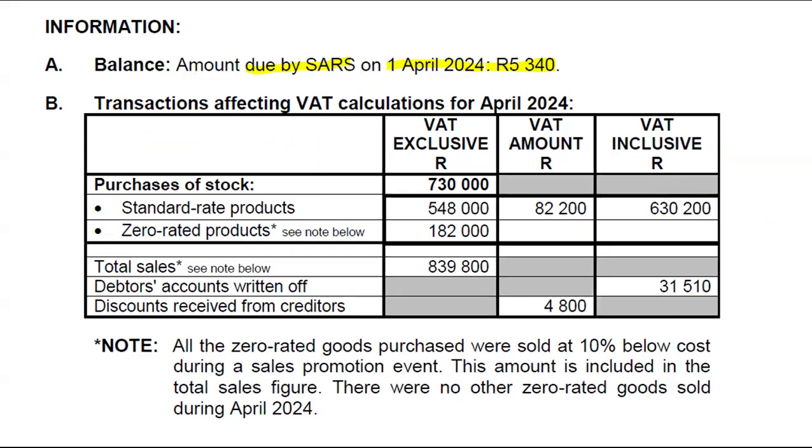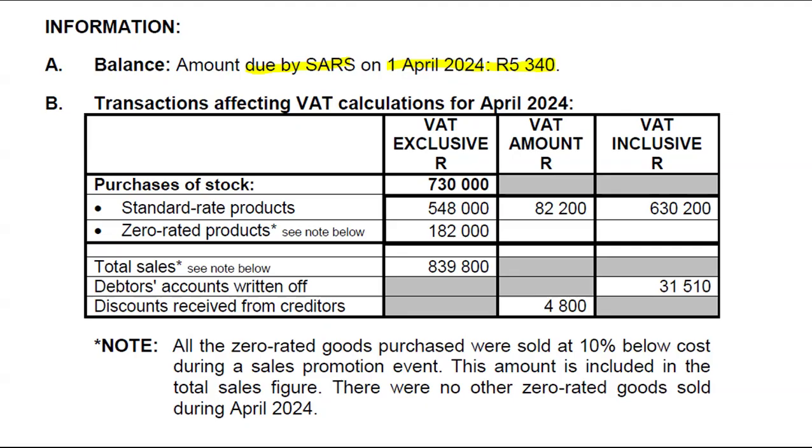Sales is income, right? Now, the note that they wanted us to read, it relates to zero rated goods. It says all the zero rated goods purchased were sold at 10% below cost during a sales promotion event. This amount is included in the total sales figure.